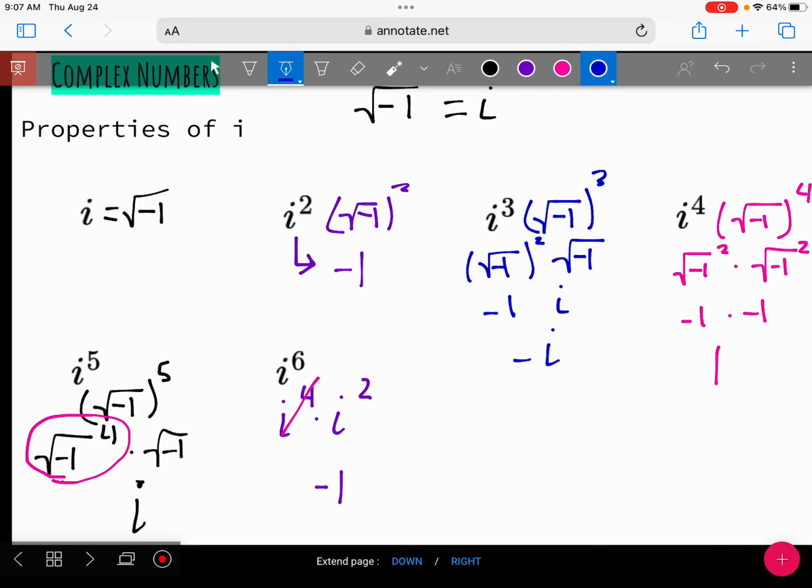It's always going to be i, then -1, then -i, then +1. And it's all about finding units. Whenever we simplify i's, we should be able to cancel out all of our exponents. It's always going to simplify down to i, -1, -i, or 1. It's always going to be one of those 4 options.